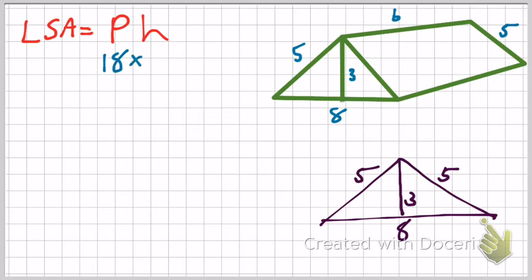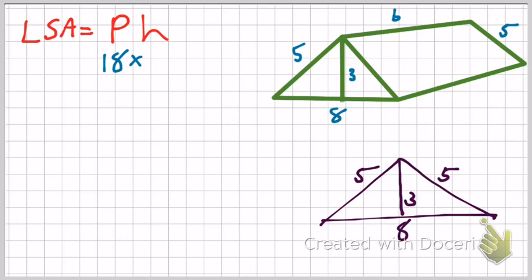Times, what's the height of the prism? Oh, somebody said it. It's not 3. Let's make sure we understand this. This is important. Height of a prism is not how tall it is. Oh, 6. It's 6. What is height of a prism?